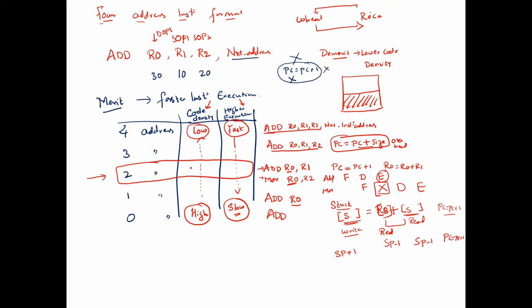So therefore, most microcontroller or processor designs will choose the 2 address instruction format. In the textbook, you will see they give examples like add R0, R1. So that is the 2 address instruction format. However, it was the earlier concept. The 2 address instruction format will give you a compromising decision between code density and high speed execution.